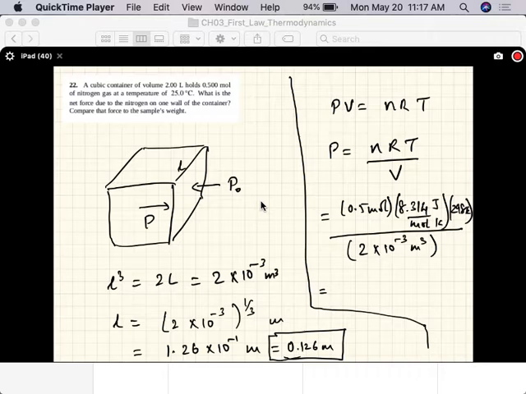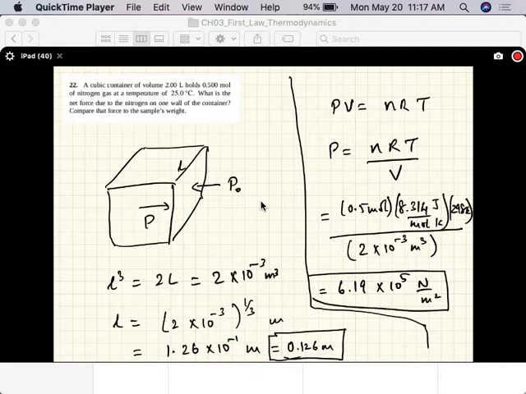Okay, so what works out is 6.19 into 10 to the power 5 Newton per meter square. That is the pressure. Okay, and this 10 to the power 5 Newton per meter square is 1 atmosphere. So the pressure of the gas inside the container is 6.2 atmospheres, and you have 1 atmosphere acting in the other direction. Okay, so the net force, we'll calculate the net force.